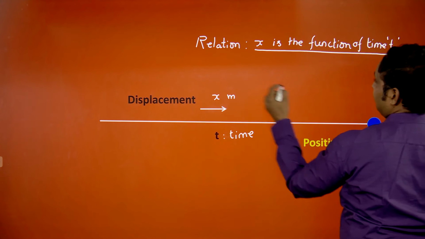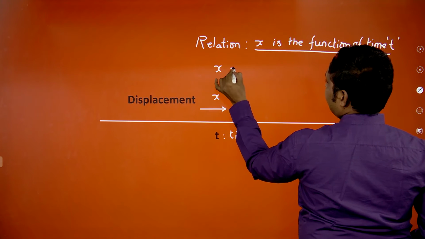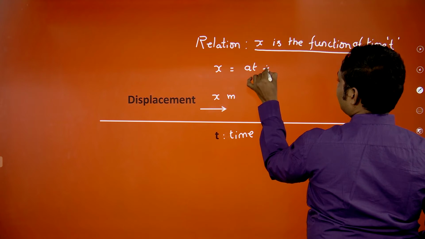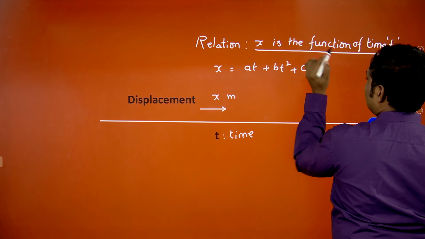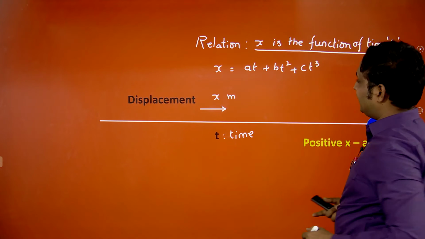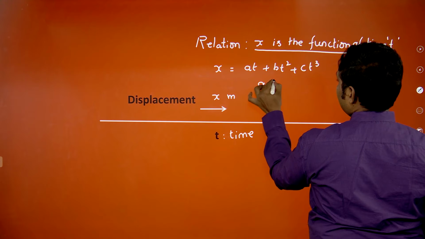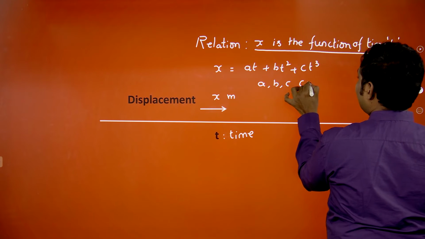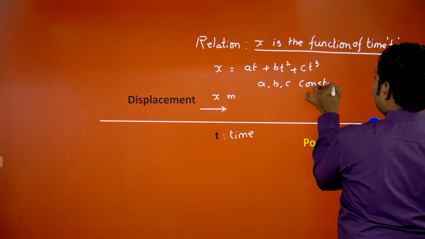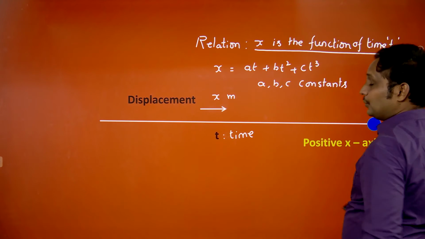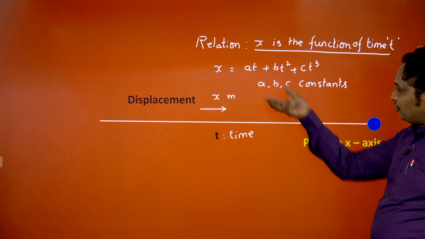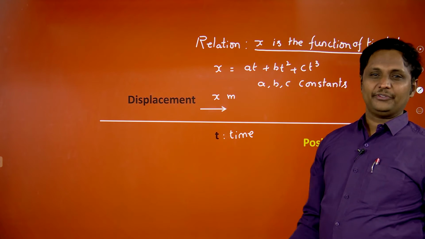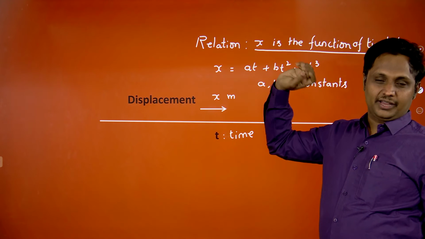I would like to represent x is equal to at plus bt square plus ct cube. In this way I am going to get that, where a, b and c are constants. We would like to identify that if you are going to get the position of a particle, it is going to be represented as a function of time.